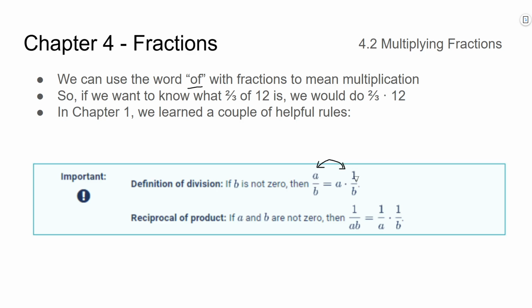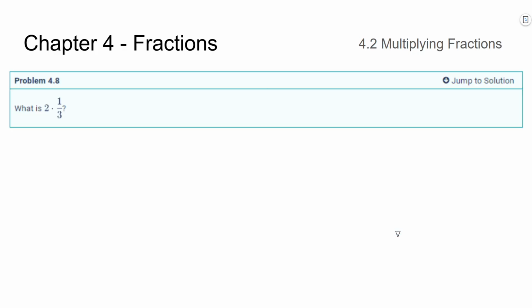So a times 1 over b is equal to a over b, and we'll be using that one a lot. And then for the product of reciprocals, it would be the other way around. If we have 1 over a times 1 over b, then we just multiply what's in the denominator. So we're going to use those for the next couple of problems.